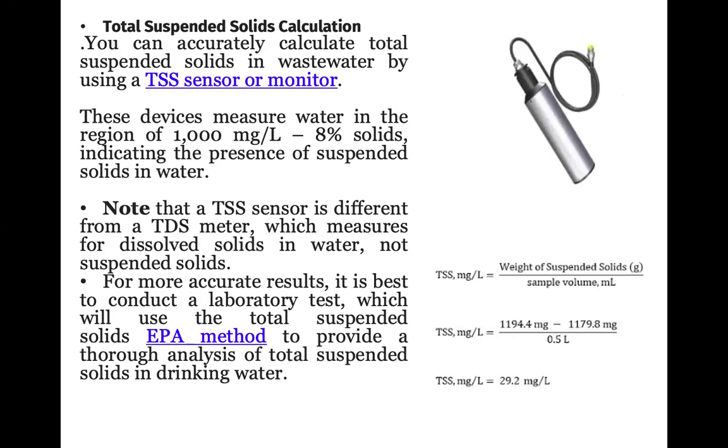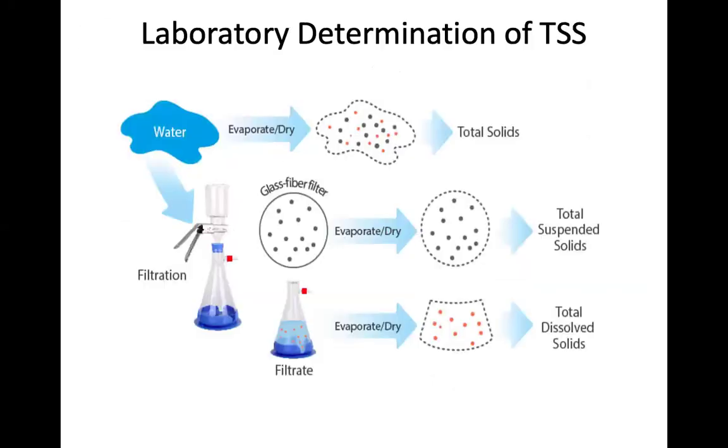We filter all the suspended matter, then we subtract the weight of the filter paper after filtration and drying from the weight of the filter paper before filtration, and divide by the volume of water used, and that gives us the total suspended solids. But you can also determine them using probes that are direct. And this is the experimental determination of what I just explained.